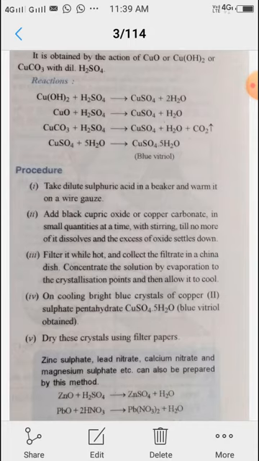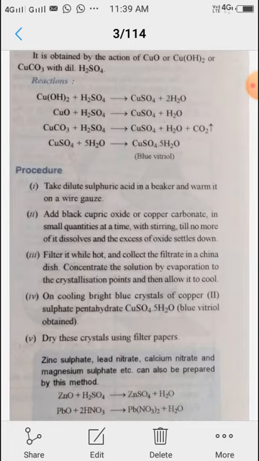The reactions are as follows. When copper hydroxide, or cupric hydroxide, is treated with dilute H2SO4, it forms copper sulphate in the first reaction, with the elimination of water.